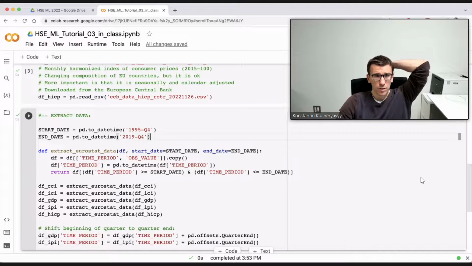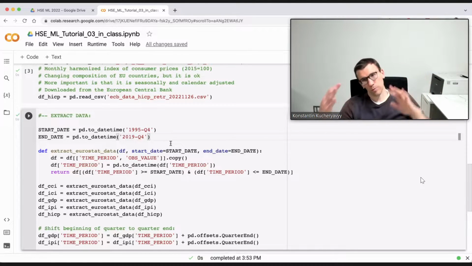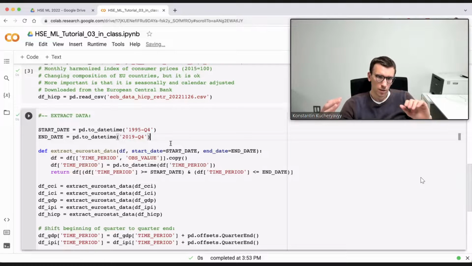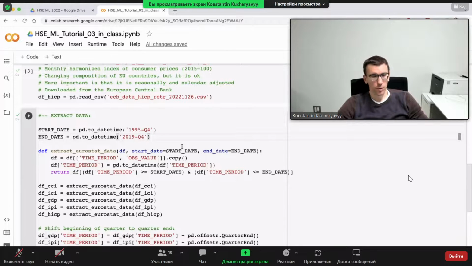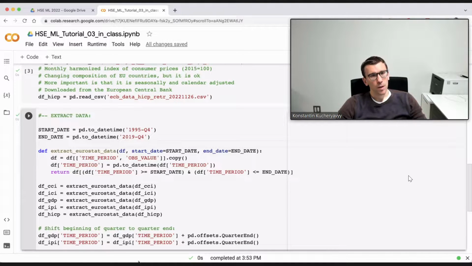As I said last time, I stopped at Q4 2019 because in Q1 of 2020, January, February, March, the pandemic started and the data was very different. In order to capture that period of the pandemic well, we need to have more years of data. Otherwise, our model will not deal with this period well, any of the models, most likely, that we consider.